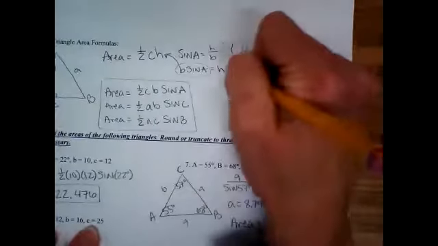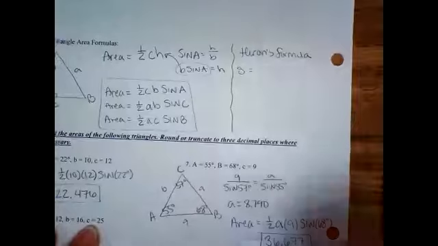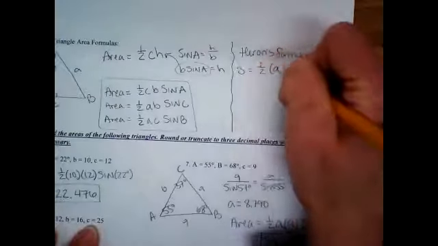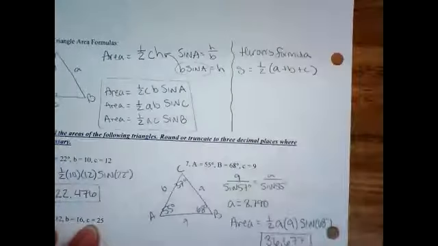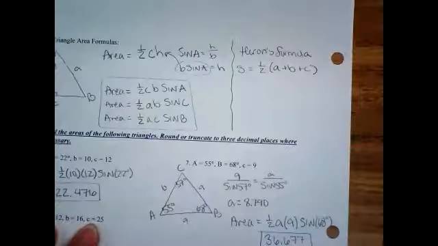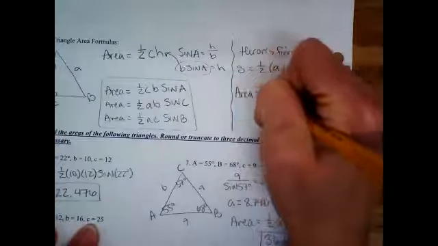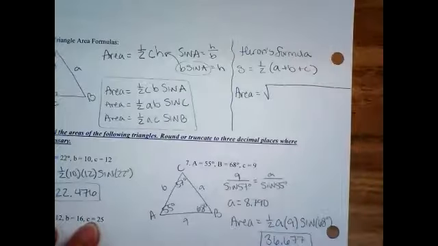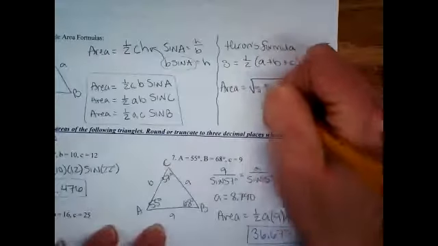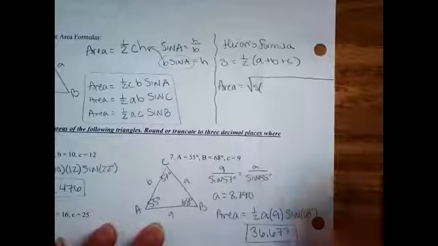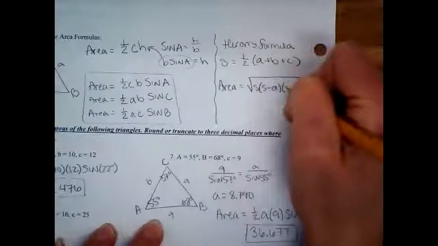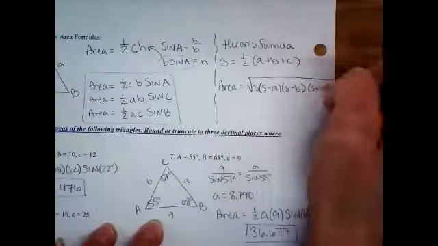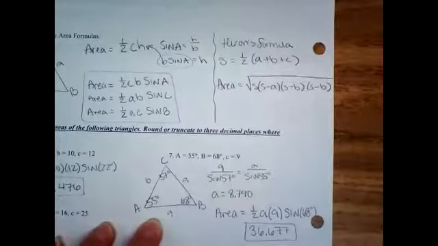What you're going to find is this S value. It is 1/2 times A plus B plus C. So this guy figured out that if you add all the sides together of any triangle and divide it in half, the area comes out to be, and you're going to have to draw a great big square root, that S value times S minus A, S minus B, and S minus C. Again, I don't know what the proof of that is.